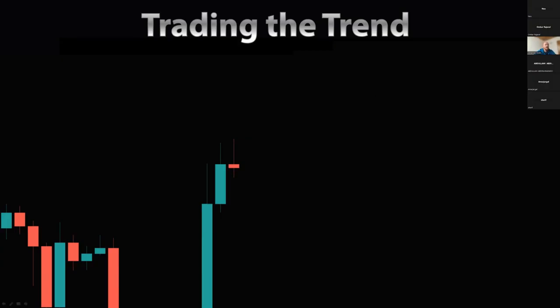Yeah, looks like we're making a resistance, but since we had a huge bullish move, I'm going to wait for a 30-minute support to form. I'm still waiting. This is a support, but the range to the upside is very small.